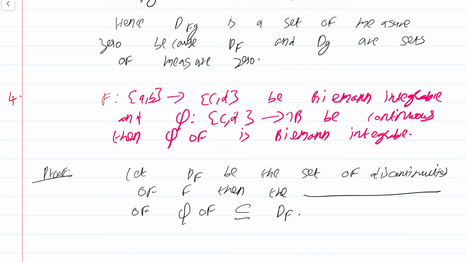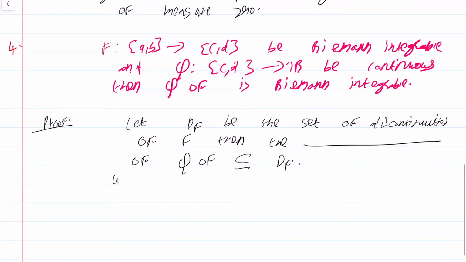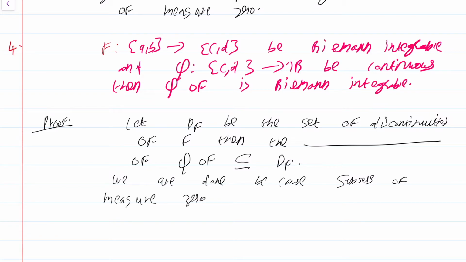So if you take a point of continuity of f, then phi composed with f will automatically be continuous at that point. Therefore, the set of discontinuities of phi composed with f will be a subset of D_f. Again, think why I write subset and not equal to. Okay, and we are done, because subsets of measure 0 sets are measure 0, for the same reason as the previous.